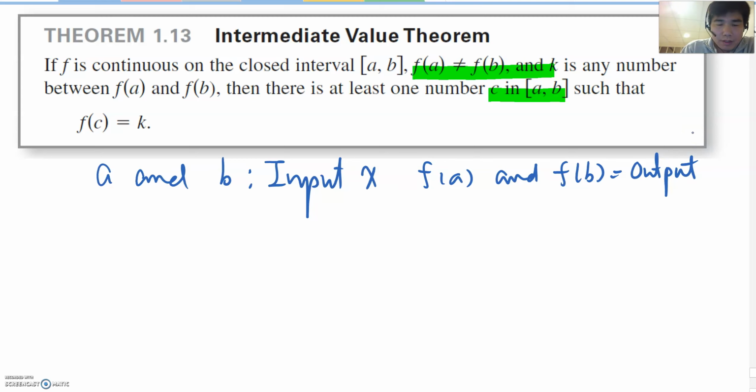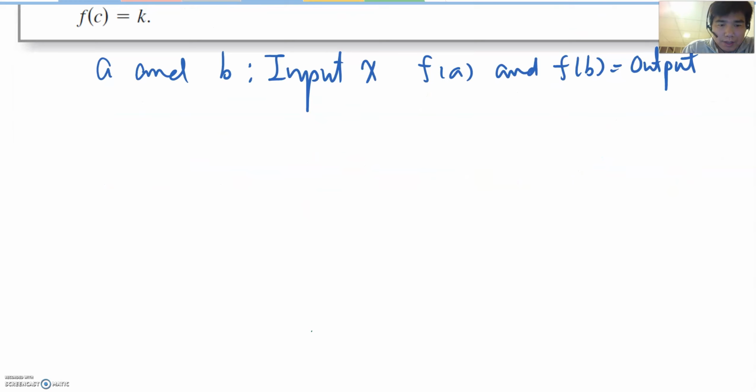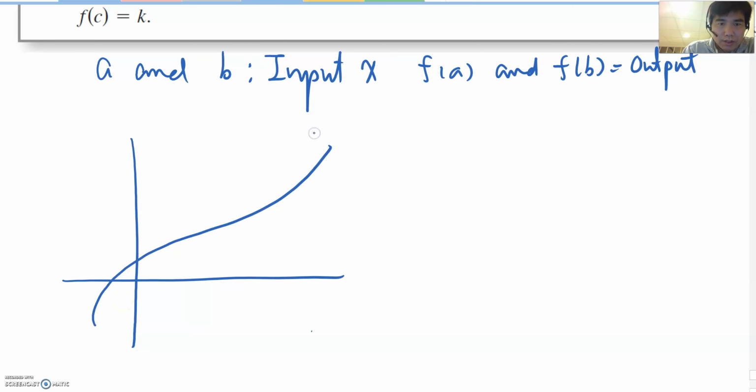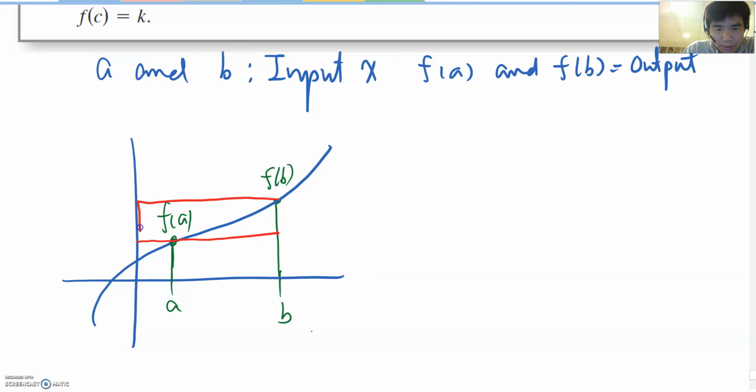So we can make any continuous function, such as maybe like this. Let's say this is a and this is b. Then this point becomes f(a) and this point becomes f(b). So now we can generate the y interval between here and here.